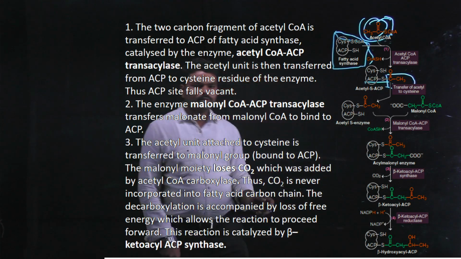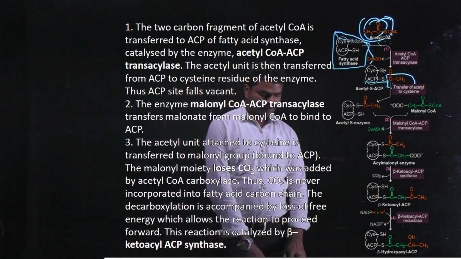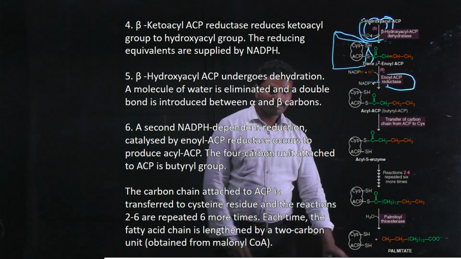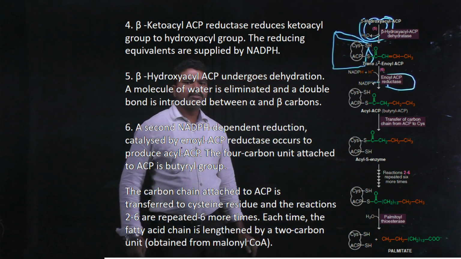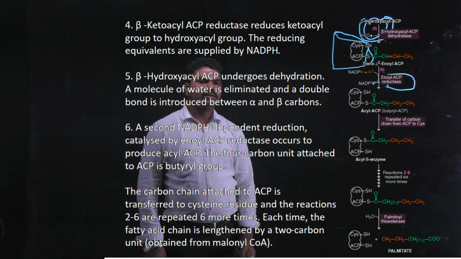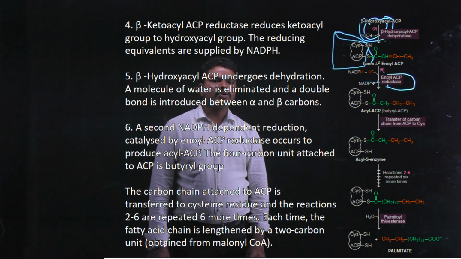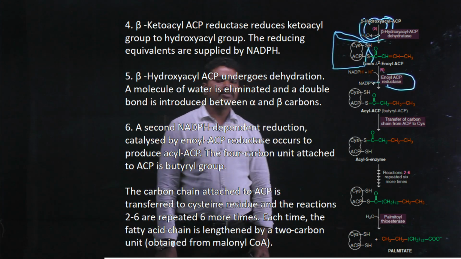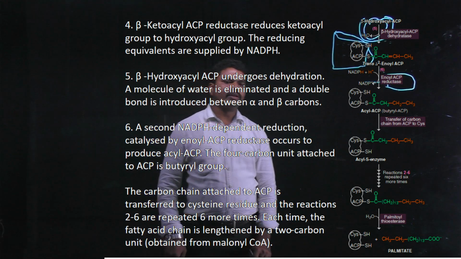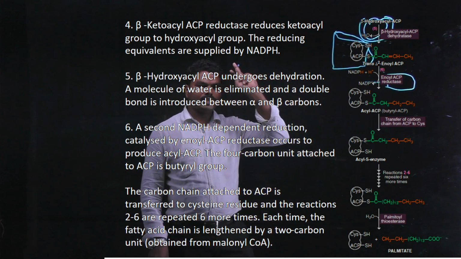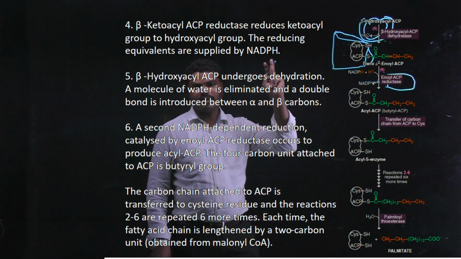And in the fourth reaction, the beta keto acyl ACP reductase reduces the keto acyl group to a hydroxy acyl group. The reducing equivalents are supplied by NADPH. Already in the first stage NADPH and carbon dioxide are produced.